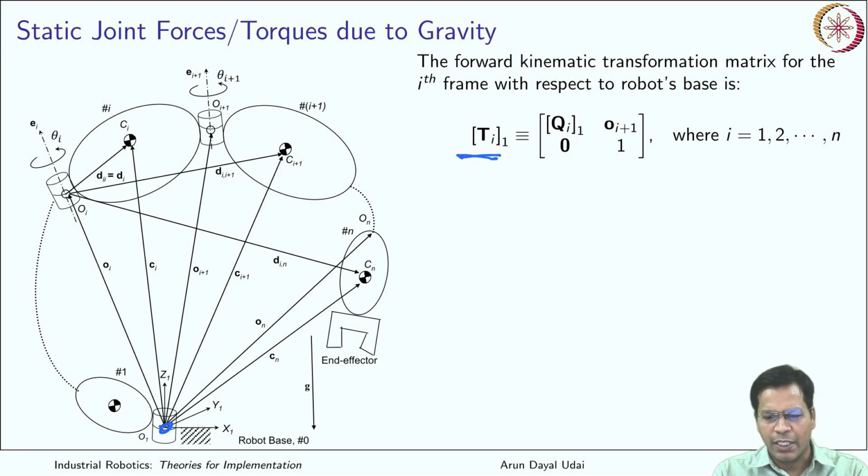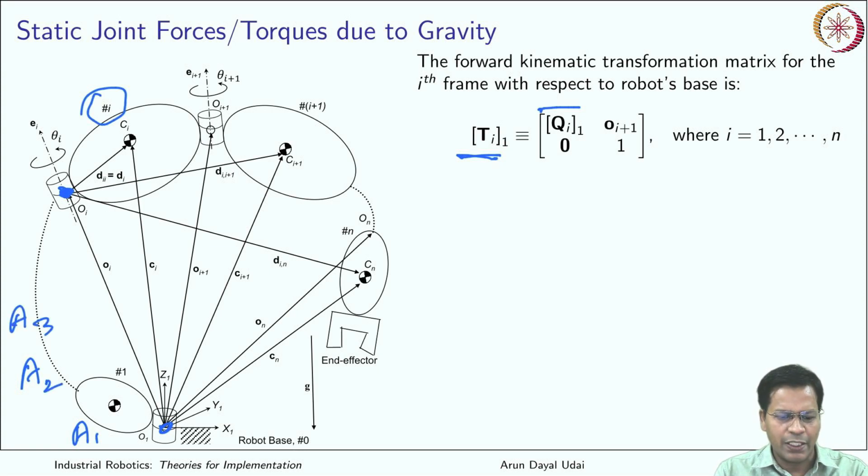What does it contain? Basically, let us say you are talking about this ith link. Qi will denote the orientation of the ith frame which is attached here. It is basically A1, A2, that is the link transformation matrices. It is a product of all of them, A1, A2, A3 and so on till Ai.